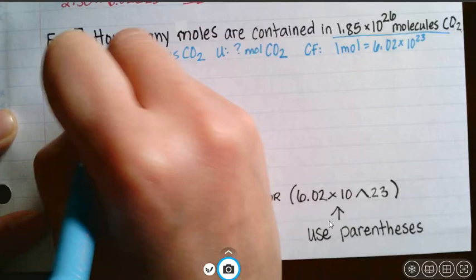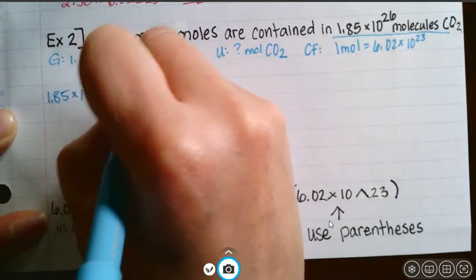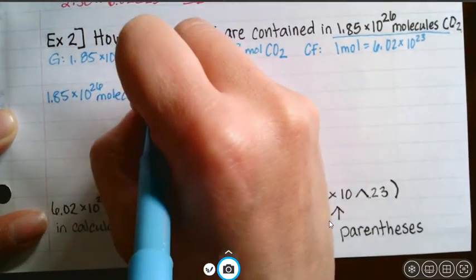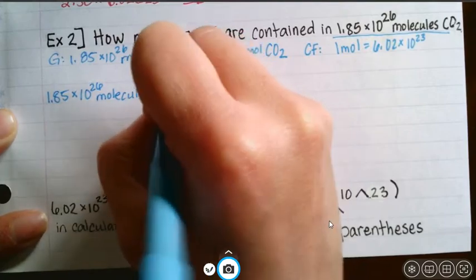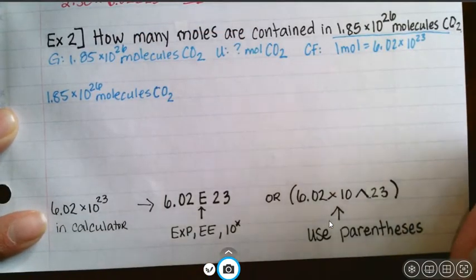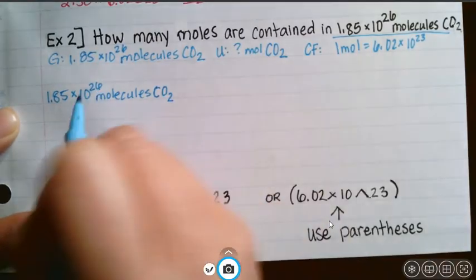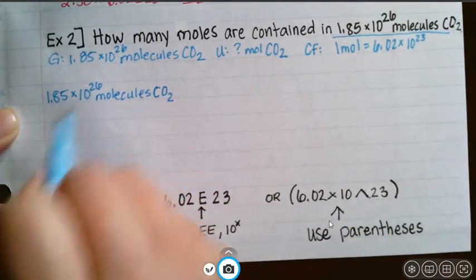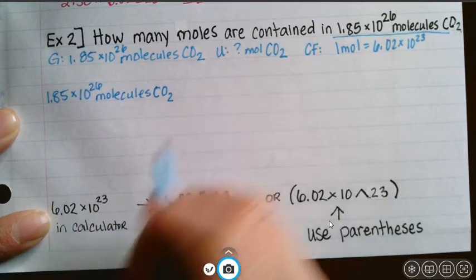Again, I know you're going to be so tired of writing by the end of these problems, but it helps with your understanding of what to do, especially when we get to more complicated problems, okay? So 1.85 times 10 to the 26 molecules of CO2 is my given.